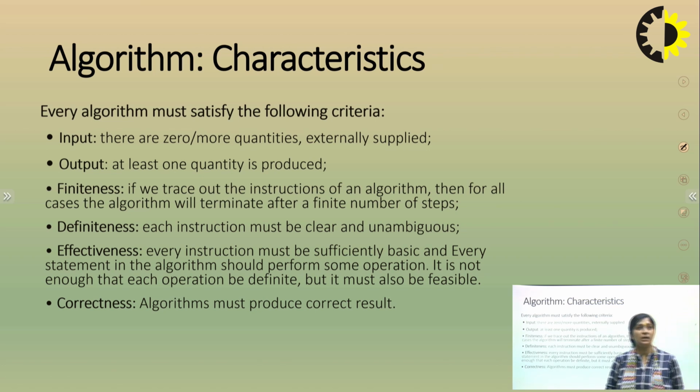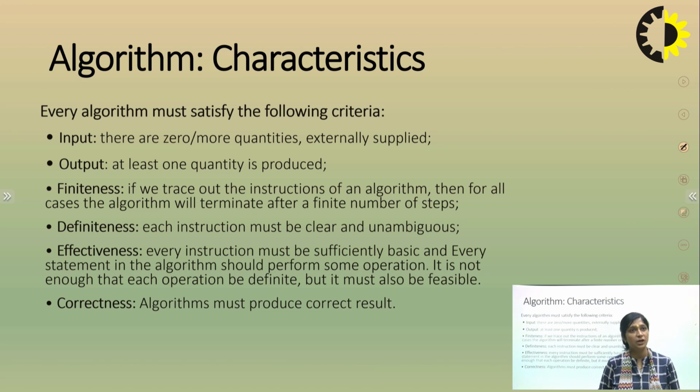Now, there are some characteristics of any algorithm. Any algorithm must satisfy the following characteristics. First of all, input means input may be 0 or more. As you already know, in the first year, you write a program, print hello world.